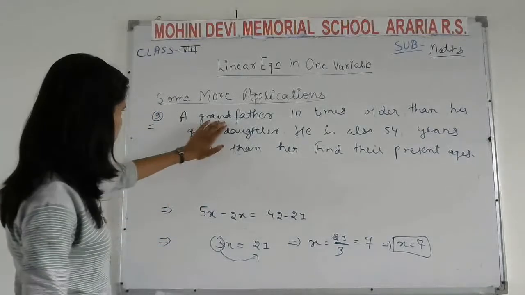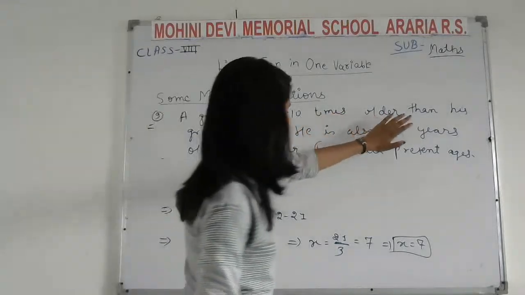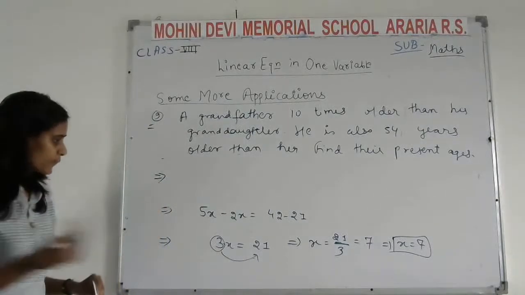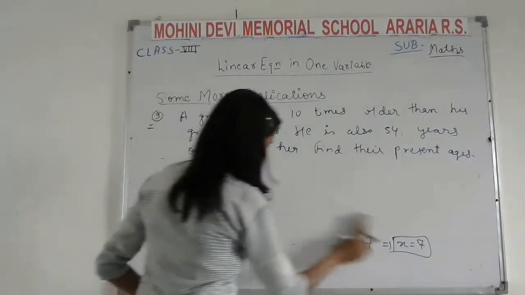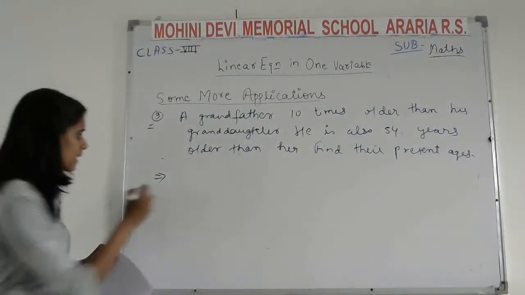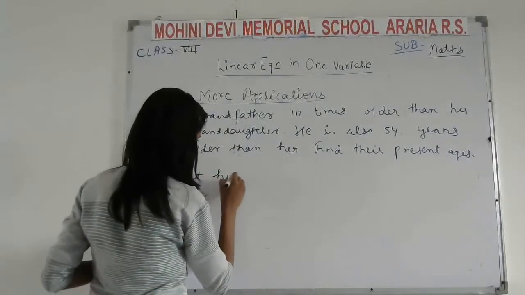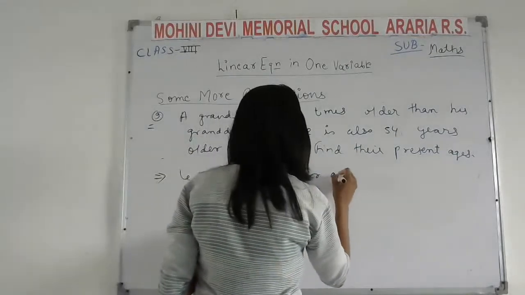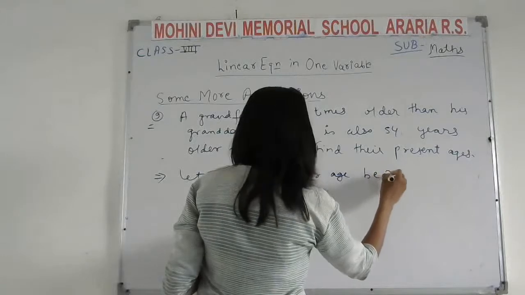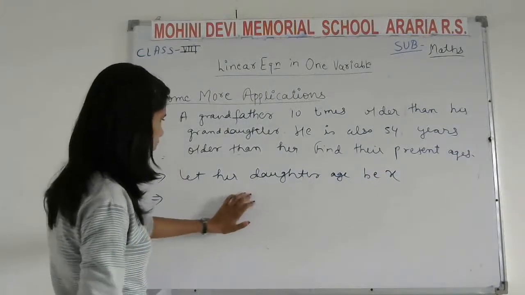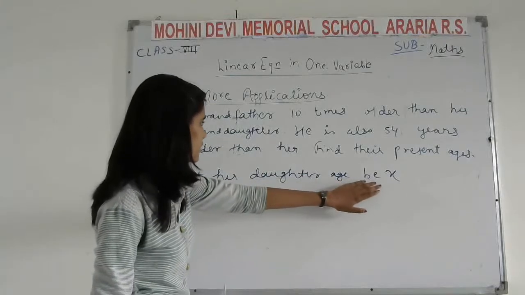The question is: a grandfather is 10 times older than his granddaughter. Find the present ages. We don't know their ages. So we'll consider the granddaughter's age to be x. We don't know her age. We have considered her age as x.